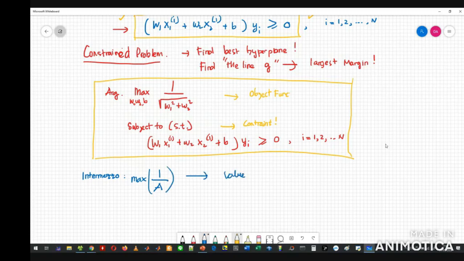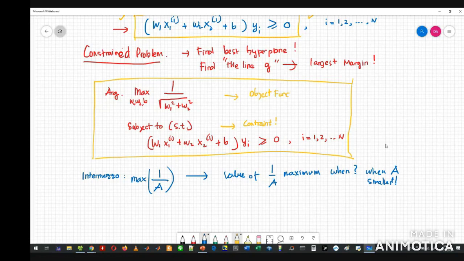The value of 1 over a is maximum when a is the smallest.